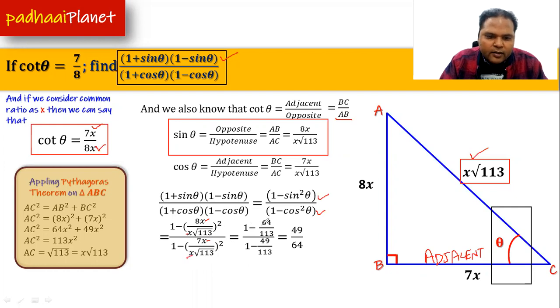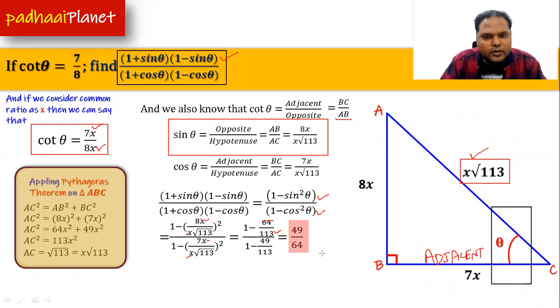Since it is 8 over square root 113 whole square, the square of 8 is 64, so we wrote 64 here, and the square of square root 113 is written here too. This is how we got the value of the whole expression.